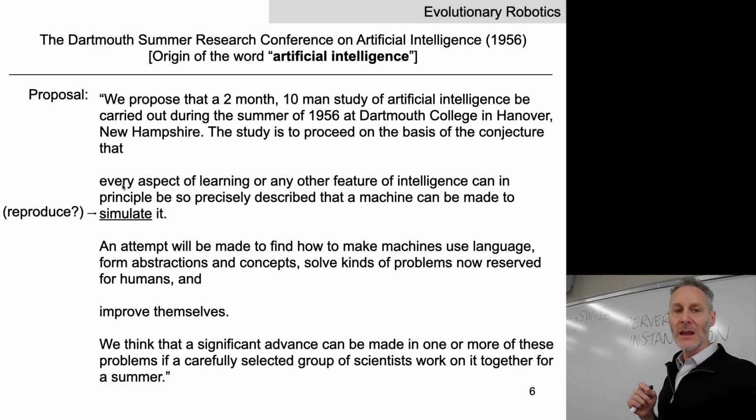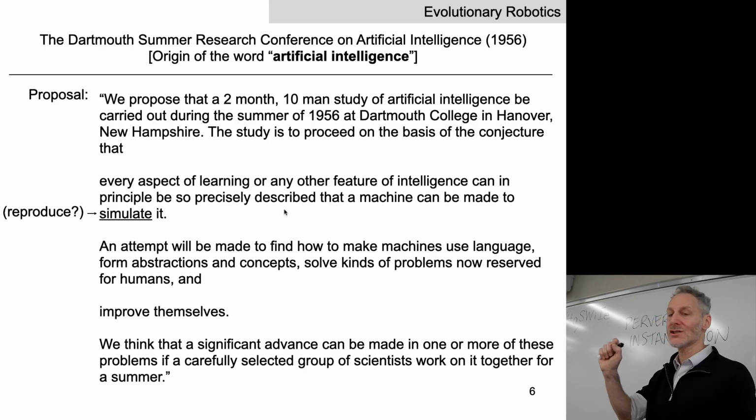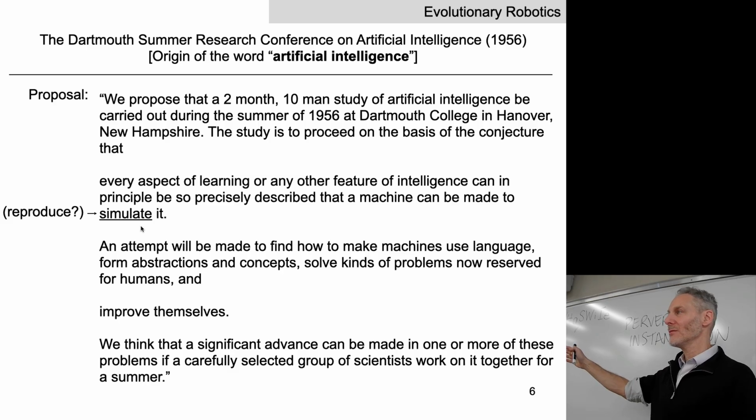We conjecture that every aspect of human learning or any other feature of human intelligence, all the things that humans do, chess, poetry, math, can in principle be so precisely described, we're going to actually come up with a formal definition for intelligence. If we can define intelligence precisely enough, then we can simulate it in a computer. Maybe we can simulate intelligence in a computer. It won't be real intelligence because it'll be simulated.